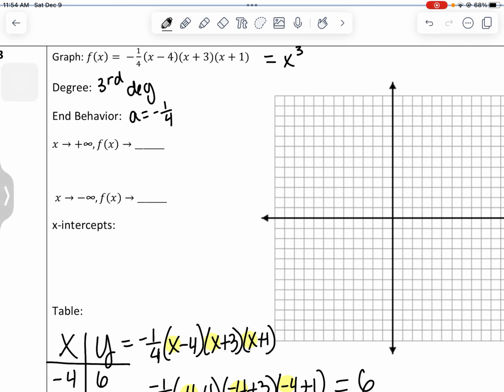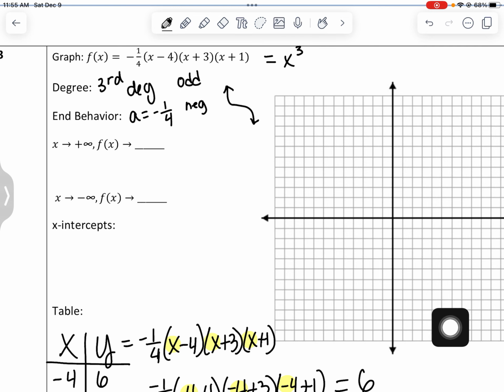And then our a value is negative 1/4, which means that it's an odd function because the exponent is odd, and our leading coefficient is negative, so it's going to be a decreasing function. Which means from left to right, the values are going to go from positive infinity to negative infinity.